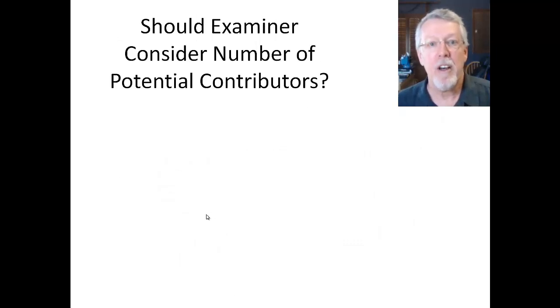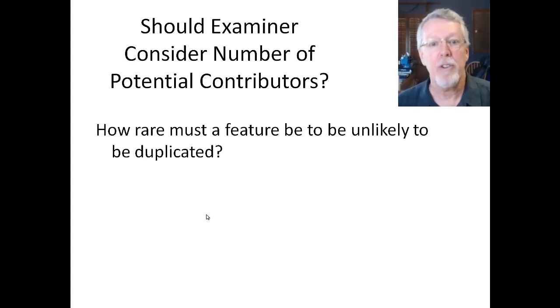It's not just odontologists. I've heard forensic scientists in other domains talk about considering the a priori likelihood that a defendant is the source in deciding how to report their conclusions. And often they justify this by talking about how rare a feature must be to be duplicated, and saying, well, you have to consider the size of the suspect population or the number of potential contributors.